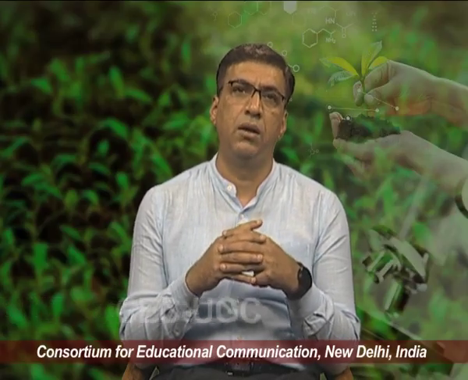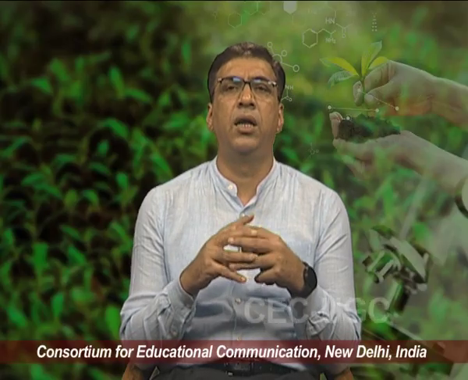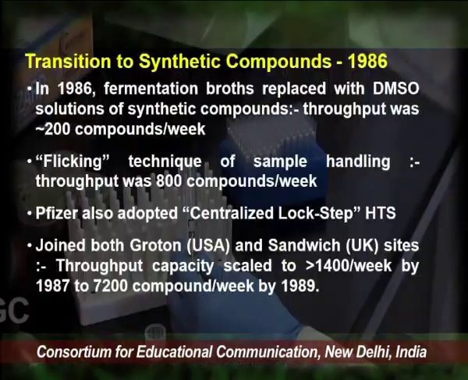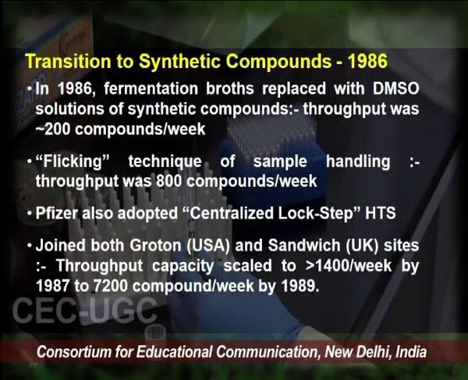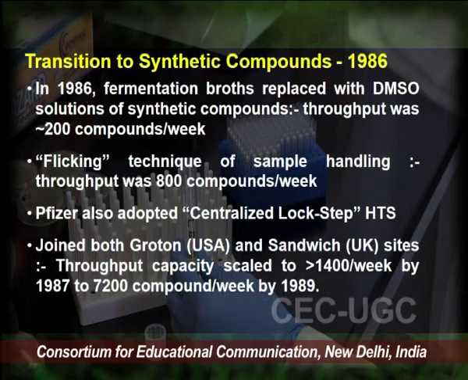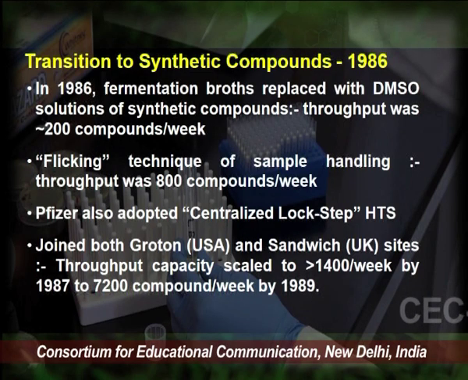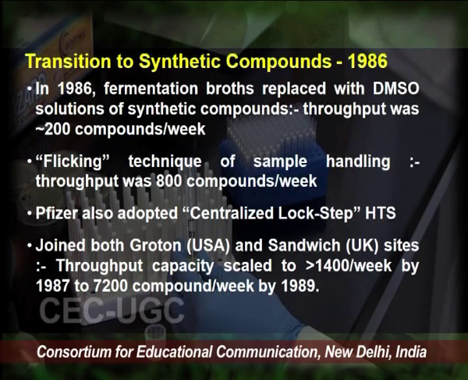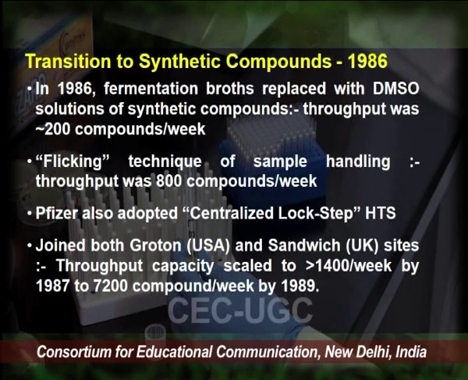And later on, Pfizer adopted another new technique called the flicking technique, because they believed that they have to just screen the compounds. So if they want 1 milligram of the sample, and they are getting 0.9 milligram or 1.1 milligram, that will not drastically affect the results.